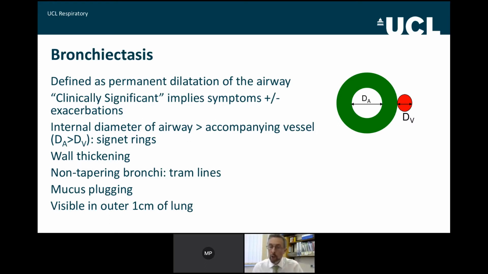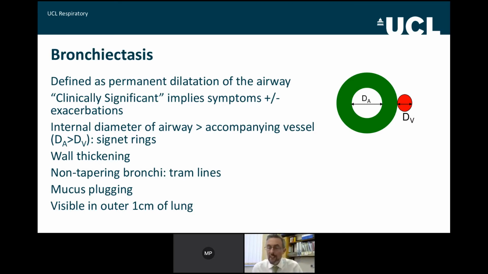If we're looking in longitudinal section, we'd see something called tram lines because of thick walls and bronchi that aren't tapering. Sometimes, if the bronchiectasis is really severe, we see that those airways are actually full of mucus, they're not hollow. And if an airway is visible within the outer centimetre or about the outer third of a CT scan, by definition, it's too big. It shouldn't be visible in that portion of the lung.